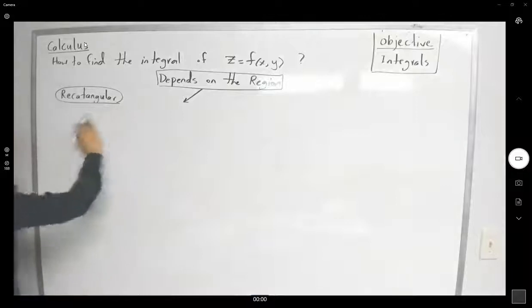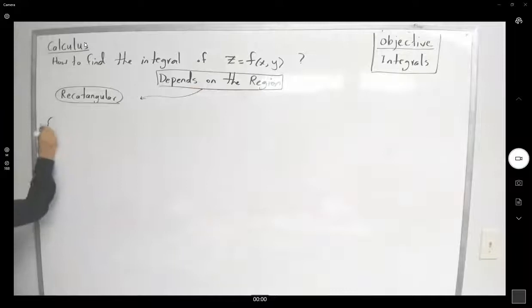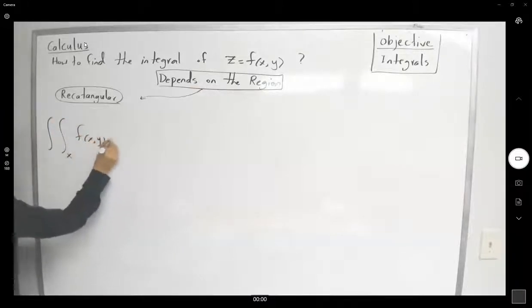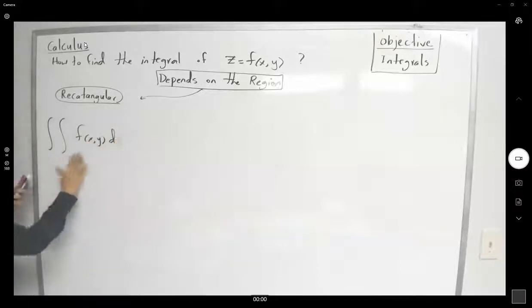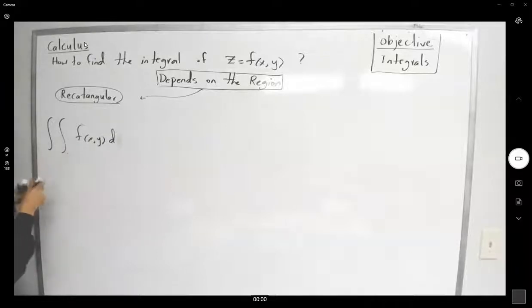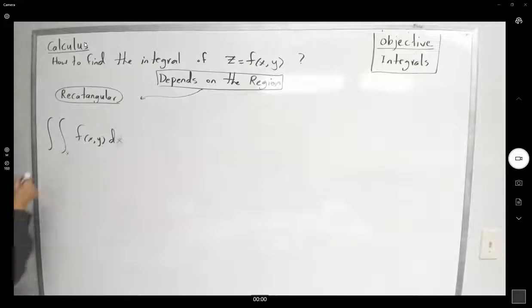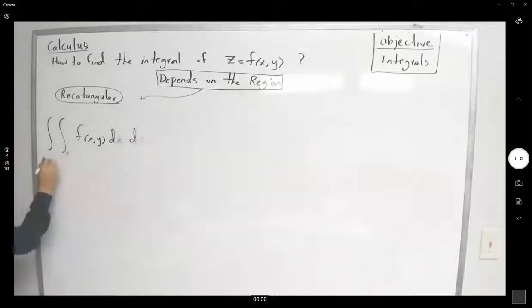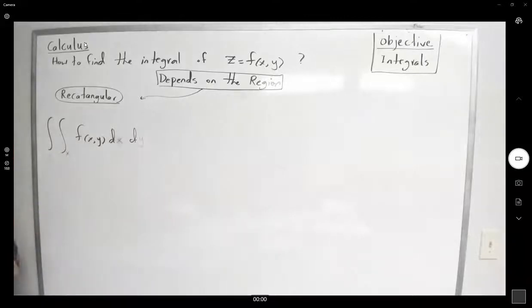So for a rectangular region, you learn that we can take the integral with respect to x. For x, I'm going to use a different color so you don't get confused about these. So dx, x, and then dy, y. Remember, you always have to take the inner integral first. Inner integral comes first.